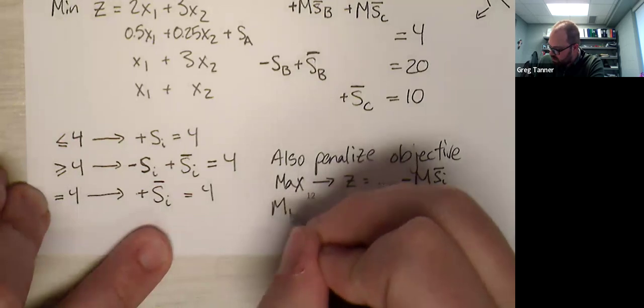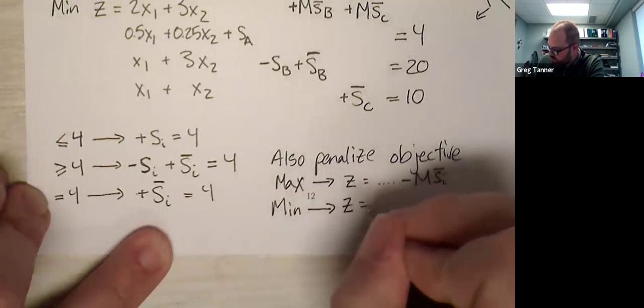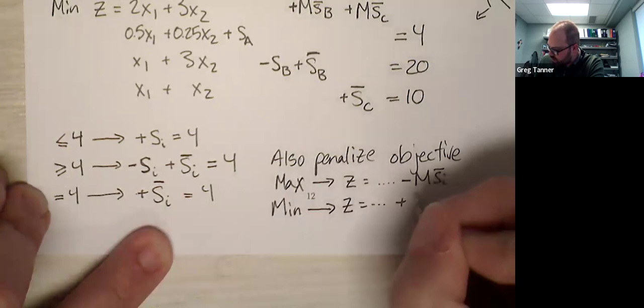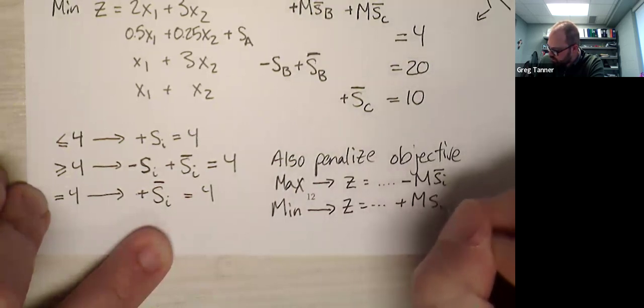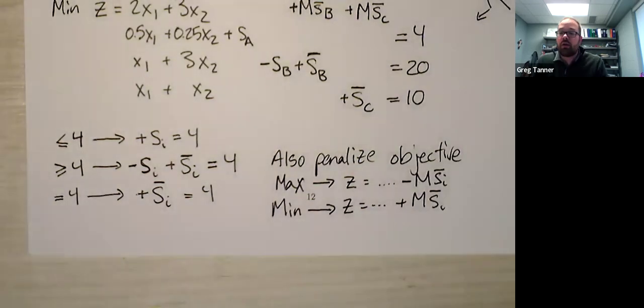If you've got a minimization problem, we're going to add our penalty. And if you have multiple artificial variables, you do this for all of your artificial variables. It will make a little more sense as we work through this problem.